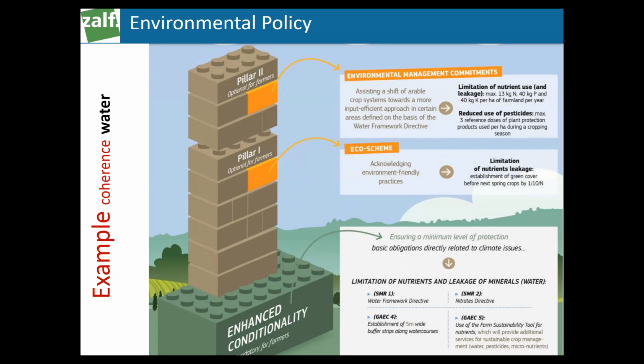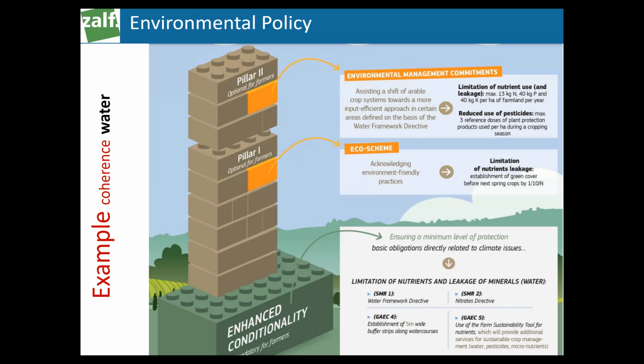Nitrogen, or nutrients, cannot leak to the open water bodies. In pillar 2, they say limitation of nutrient use and leakage, maximum 13 kilogram N. That means the input in pillar 2 is limited, not more than a certain upper threshold is allowed.